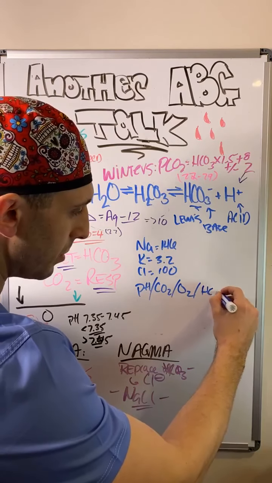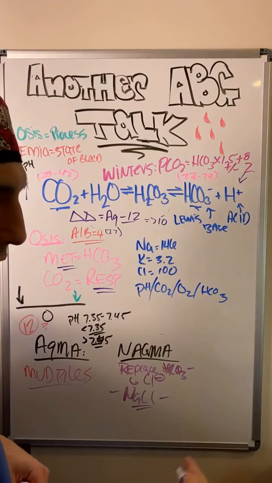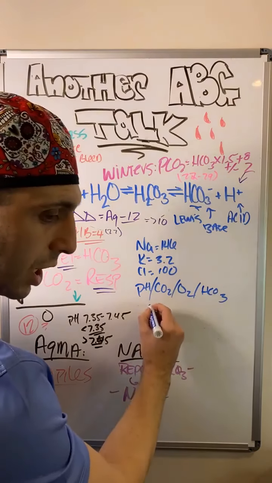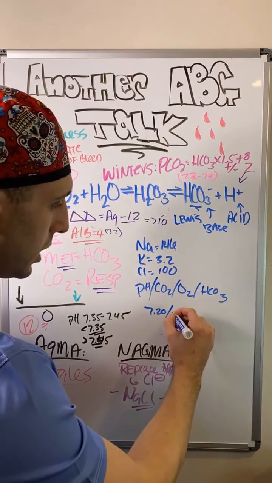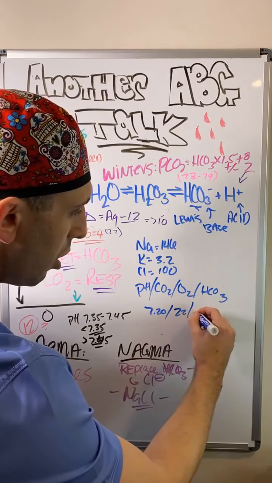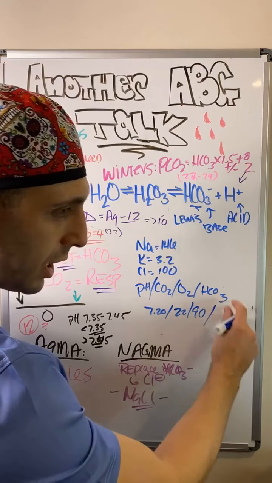And so we're going to write this person as having the following numbers: 7.20. Our CO2 in this case is going to be 22. Our PaO2 is 90, and our HCO3 minus in this case is going to be 10.